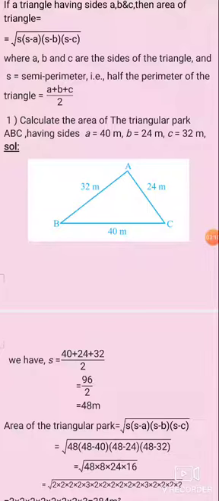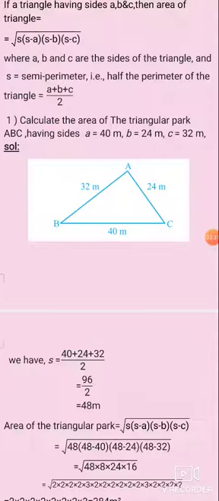So what is the method to find out the square root of this? Yes, prime factorization method. So each number we need to prime factorize. Now first we prime factorize 48. That is 2 into 2, 4, 4 into 2, 8, 8 into 2, 16, 16 into 3 is what? 48.